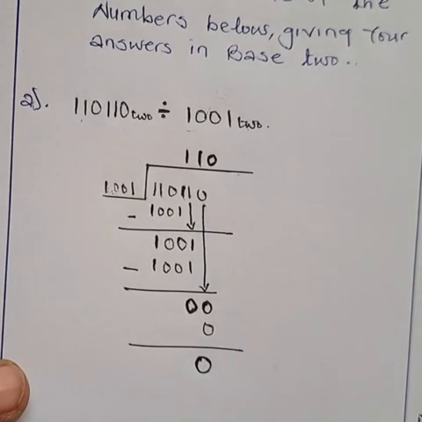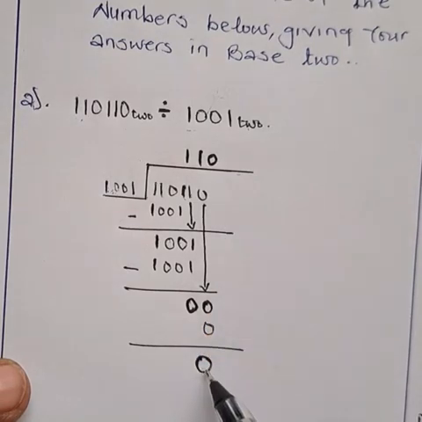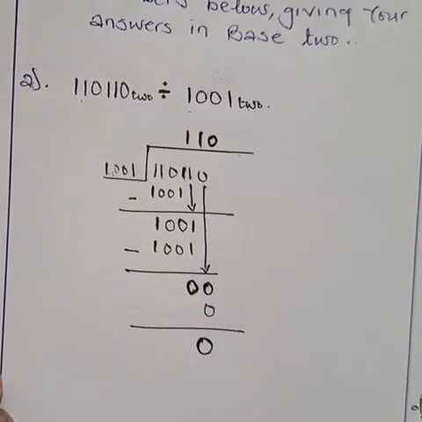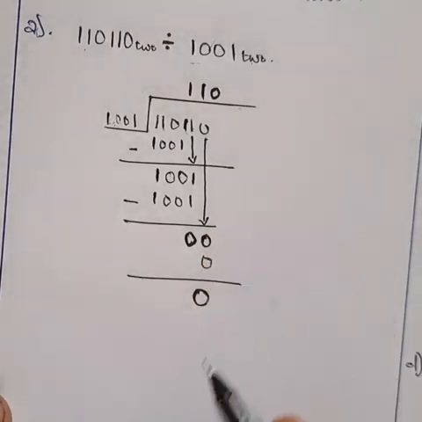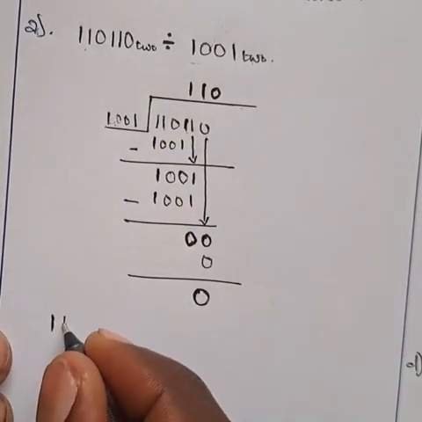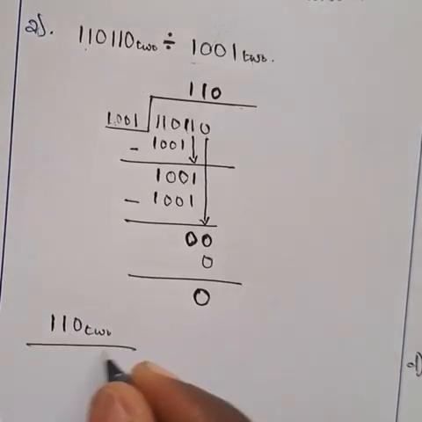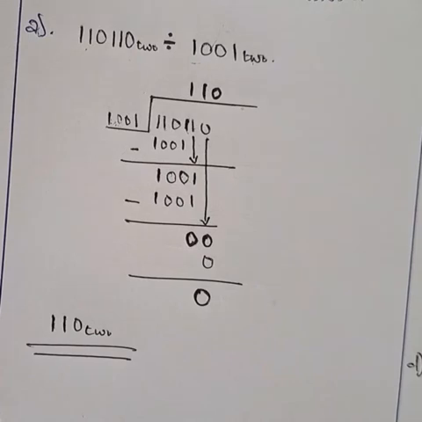So here now we can end since we no longer have entries on the dividend and then we found 0. So what does it mean? We focus on the quotient there. So our answer for this problem is 110 base 2. And that is our answer there. So let us move on to the other question.